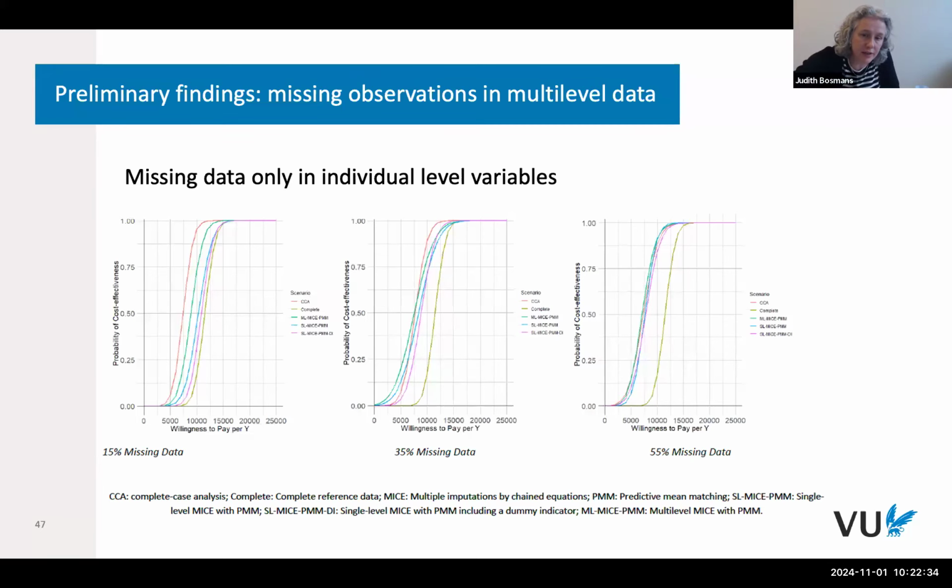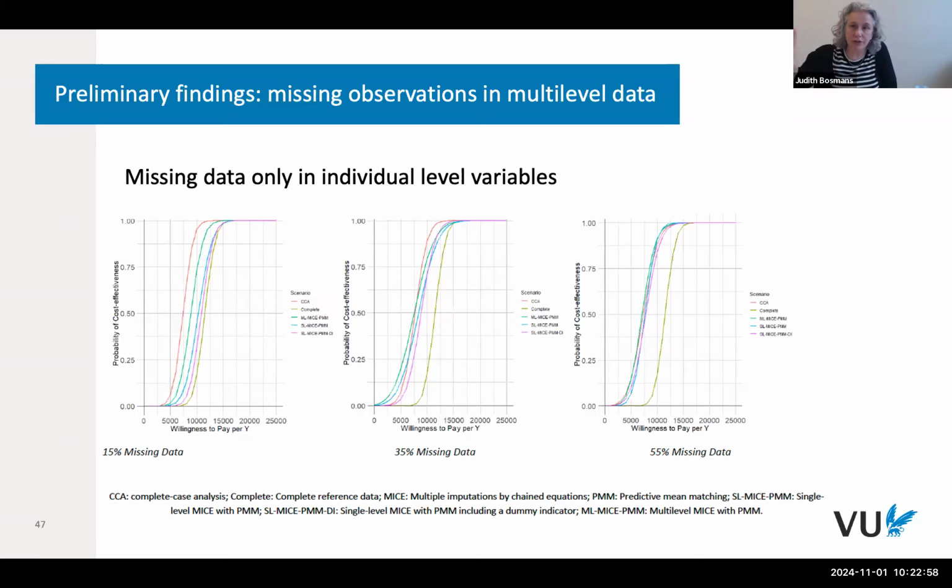And what you can see here is the cost effectiveness acceptability curves for each of these scenarios and for each of the different methods. And again, the red line is the complete case analysis. You can see that that's way off the others, right? So the multiple imputation methods seem to be close together.